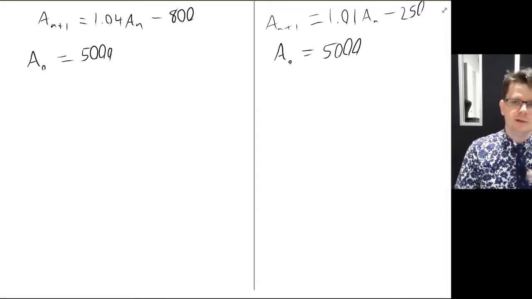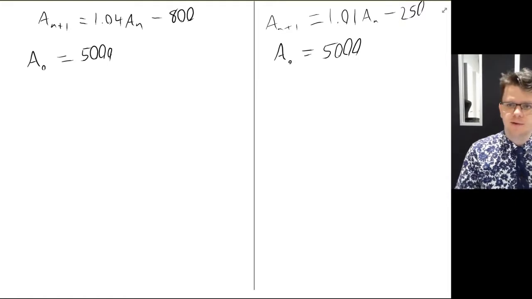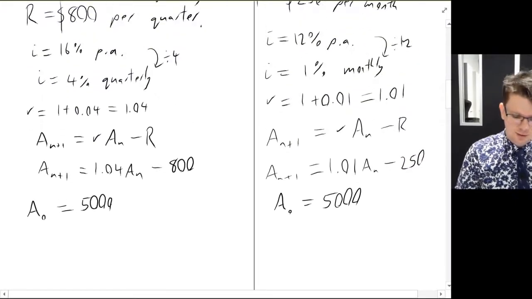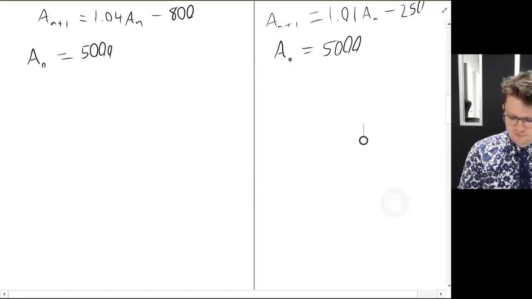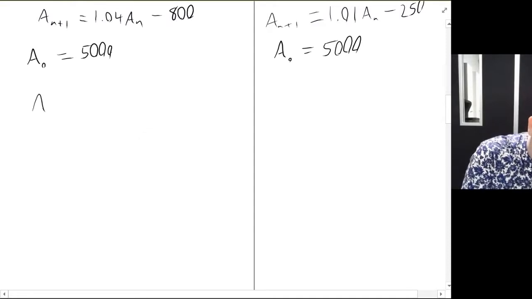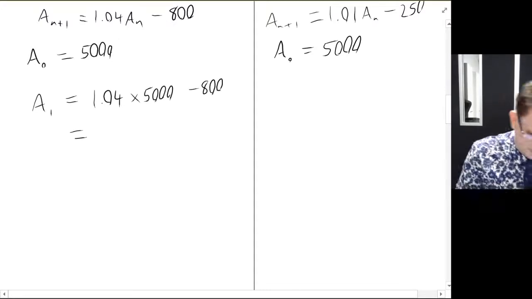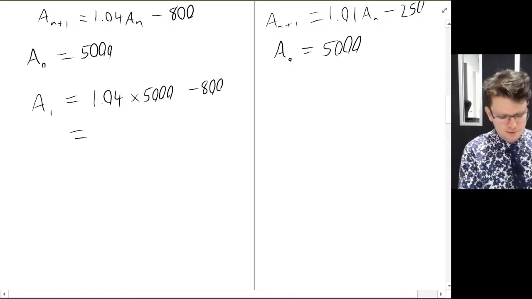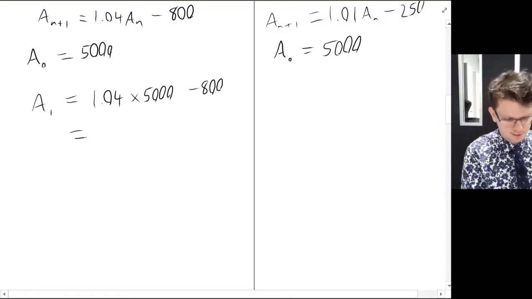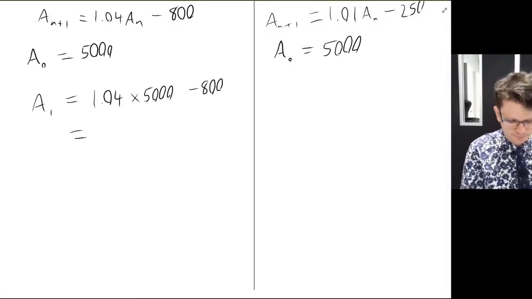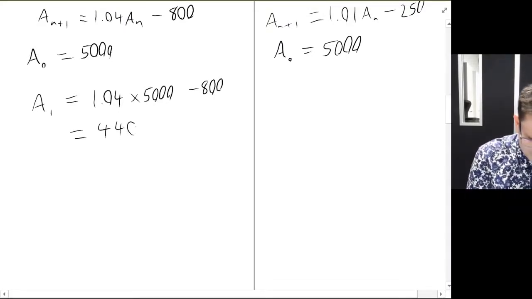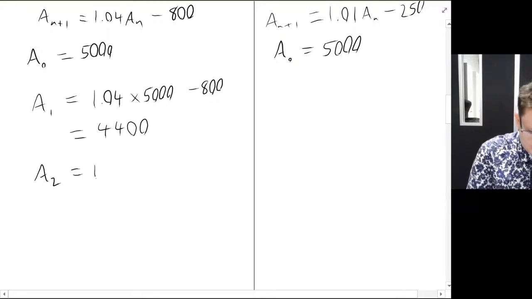Well, I'm going to show you for mine first. So how am I going to figure out the value in 3 quarters? Because mine's in quarters. Well, after 1 quarter, it's going to be 1.04 times 5,000 minus 800. Let's work it out. 1.04 times 5,000 minus 800. So 4,400. After 2 quarters, it's going to be the same, 1.04 times that minus 800.